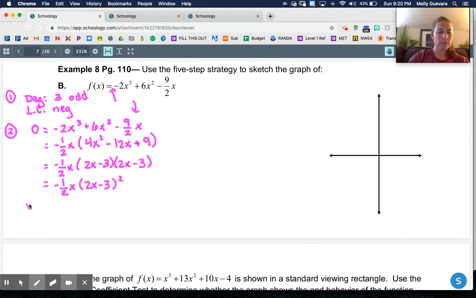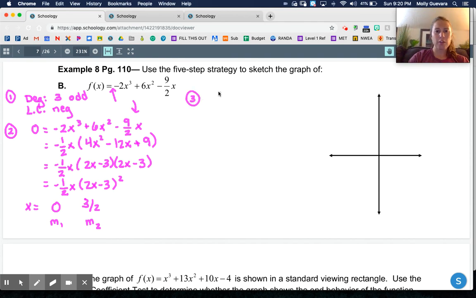Okay? So this tells me that if I set this equal to 0 and solve, I get 0. And the multiplicity on it is 1, because the exponent is 1. And then here, if I set this equal to 0 and solve, I get 3 over 2. And the multiplicity there is 2, because the exponent's a 2.